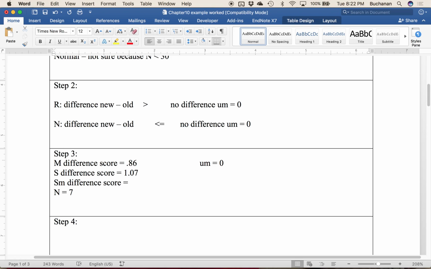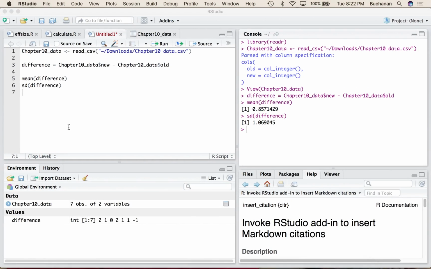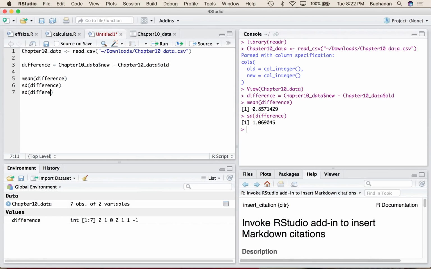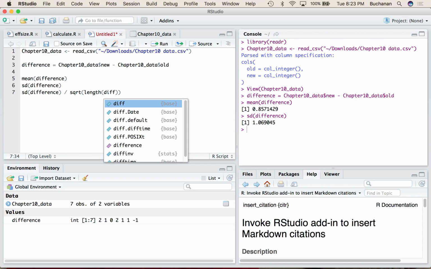Okay. Now my standard error of the difference score, remember this is the Oprah, so everybody gets a little bit, is that 1.07 divided by the square root of n. But I'm going to do that fancy over here. So I'm going to take my standard deviation of the difference, and then divide by the square root of the length of my difference score.